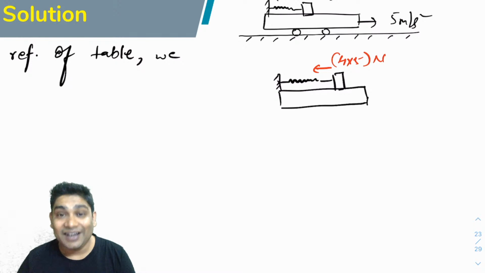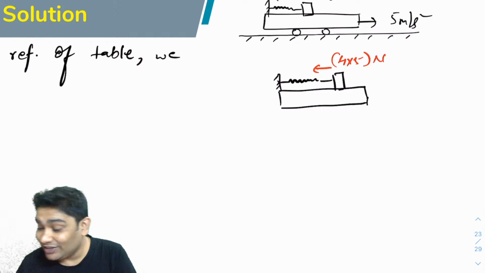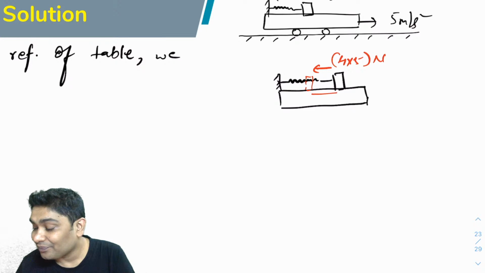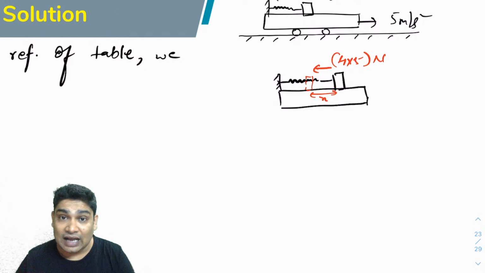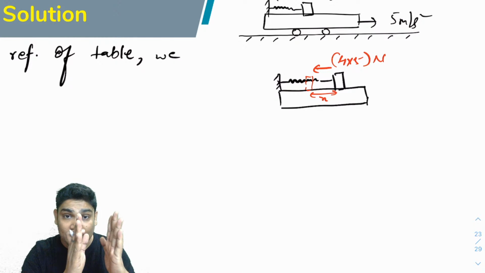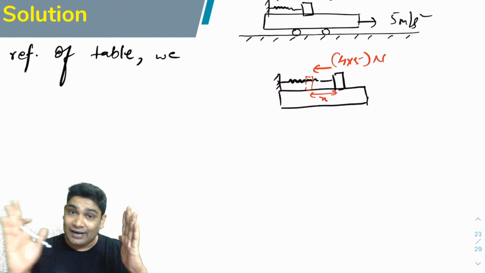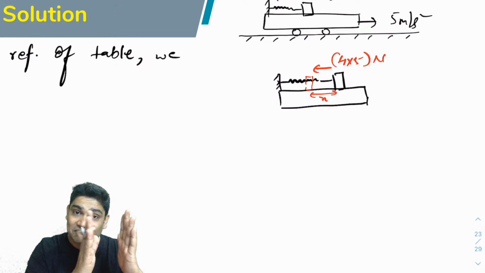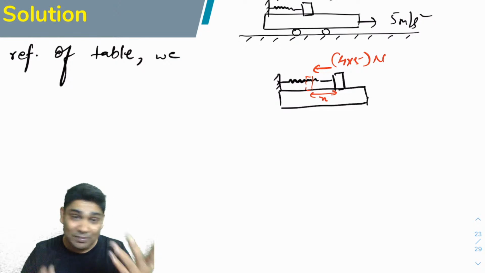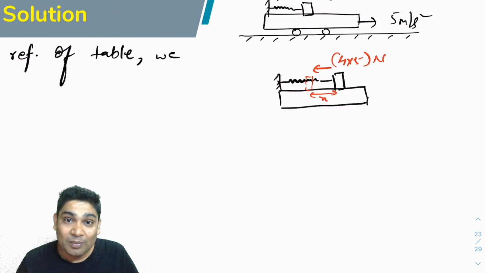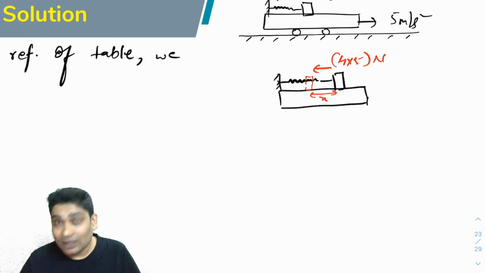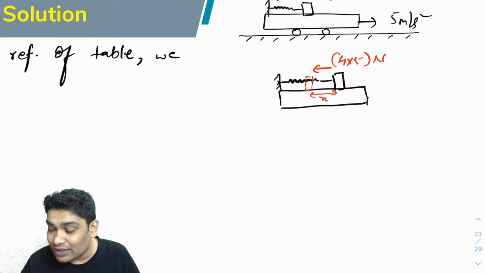Now you know that if this spring gets compressed by some x, after that compression it would come to rest. I am already in the reference frame of the table. This block will try to compress the spring, come to rest, and then maybe bounce back, maybe not. But this force will push it, and eventually it will come to rest.